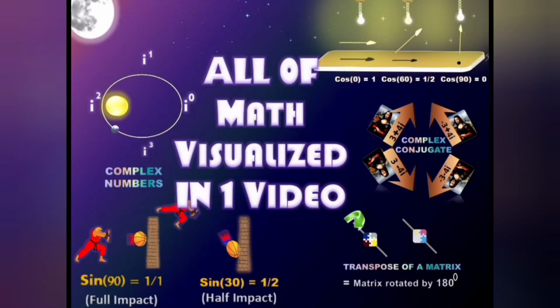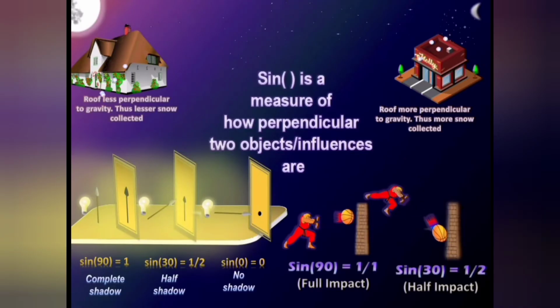What if there's an ebook where at least the building blocks of math can be visualized with the help of intuitive images like the way you're seeing on the screen? What if sine theta can be visualized as a measure of how perpendicular two forces or influences are?